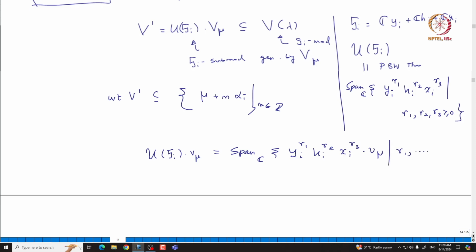Okay. So, now it is not hard to see, since the weight of this is mu. I will leave it as an exercise, this is something we have checked already.